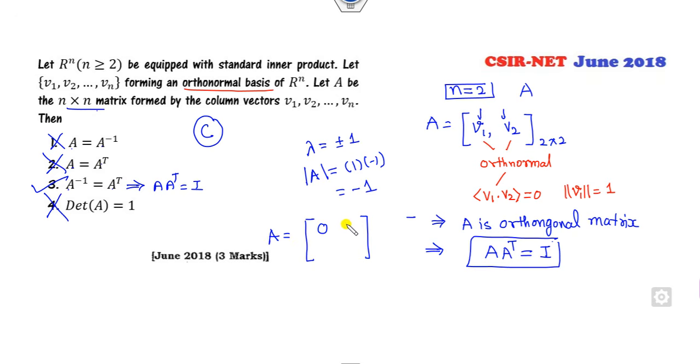So we all know this is an orthogonal matrix, fine, so that the dot product is 0. So clearly the determinant is minus 1, but he said plus 1. So by using this matrix, it's cancelled out. A is equal to A transpose, all are satisfied, but they do not satisfy this orthogonal property.